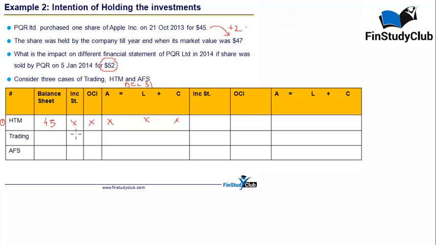No change in income statement and in OCI. Now, in the next year, which is 2014, when you sell this security for 52, your cash goes up by 52. The investments will go down by 45. So there is a net up of plus 7.